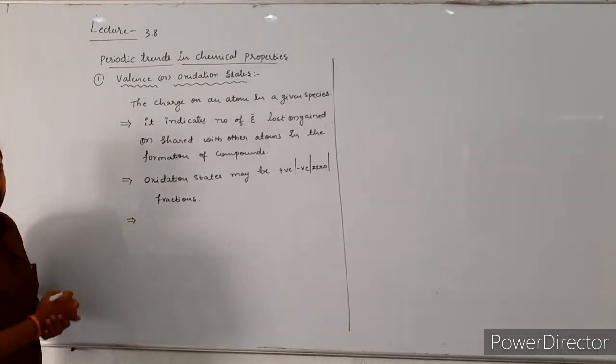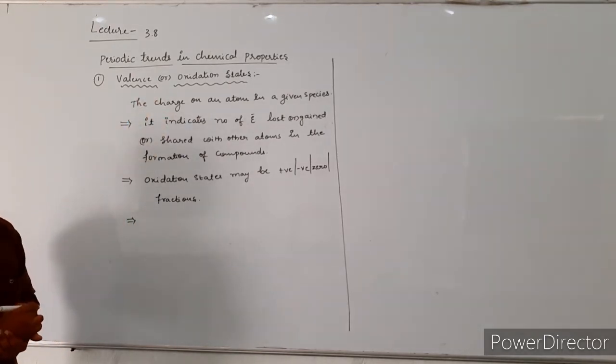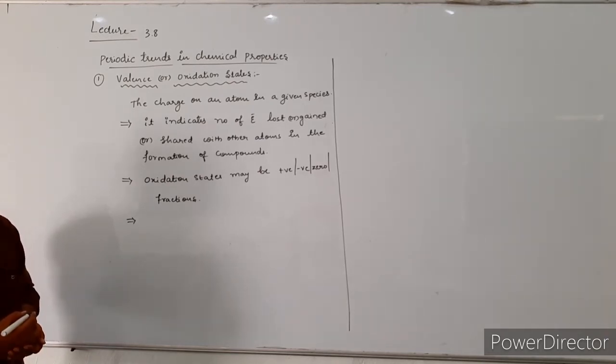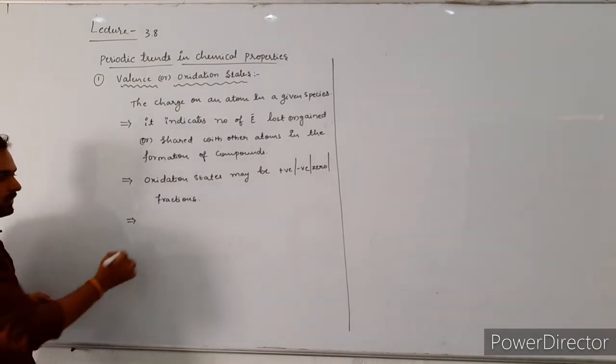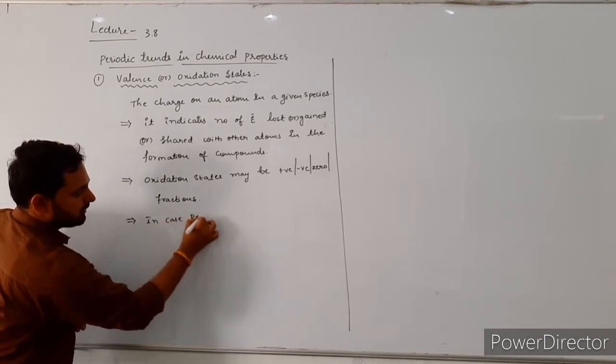In case of representative elements, the valence or oxidation state is equal to either the number of valence electrons or 8 minus the number of valence electrons.